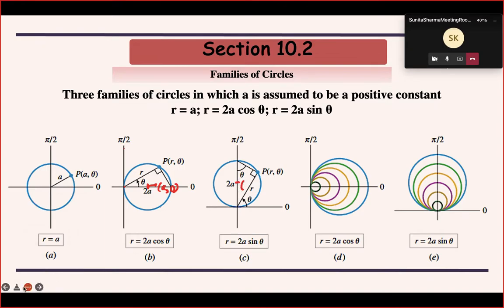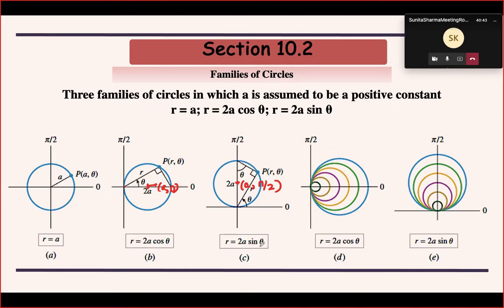Your r will be a in this case, theta is pi by 2, so the coordinates of the center will be a comma pi by 2. The radius is a units, this length is half of the diameter, and the line theta equals 0 is going to be a tangent to this circle. This includes all such questions where you have any scalar multiplied with sine theta.